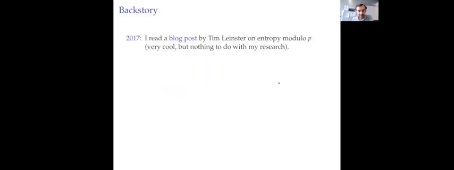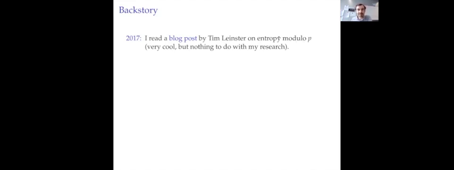All right, and actually, before I start, let me briefly tell a backstory about this project. Some time ago, I think in 2017, I read a blog post by Tom Leinster about this entropy modulo P, and I thought that's a very cool idea, but it has nothing to do with my research. So I just put it down as an interesting curiosity.